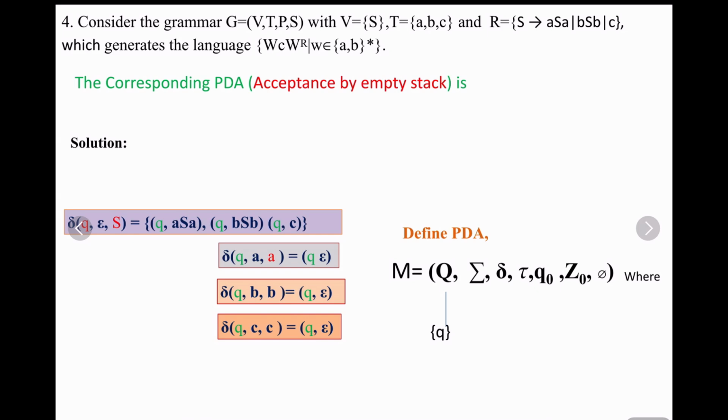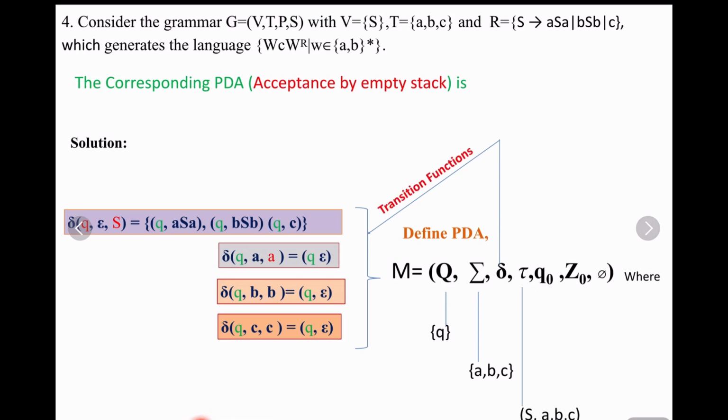Sigma is the input alphabet: A, B, C. Then delta is the transition function, which you have already defined. Gamma is the stack alphabet: A, B, C, all of which you push onto the stack.